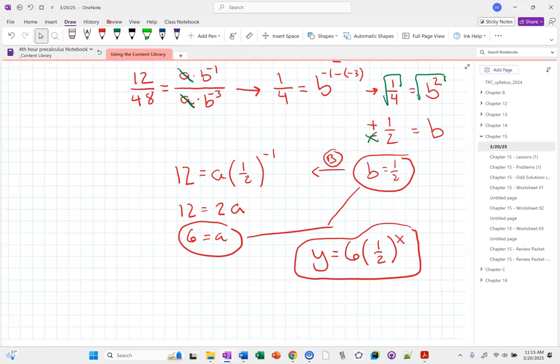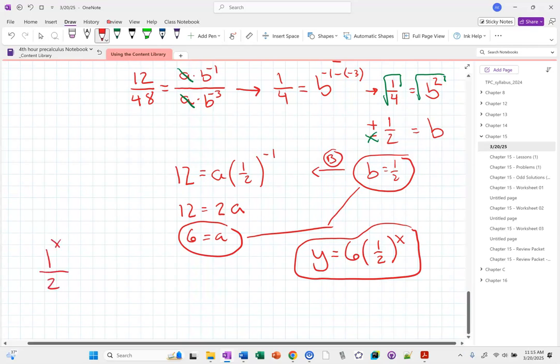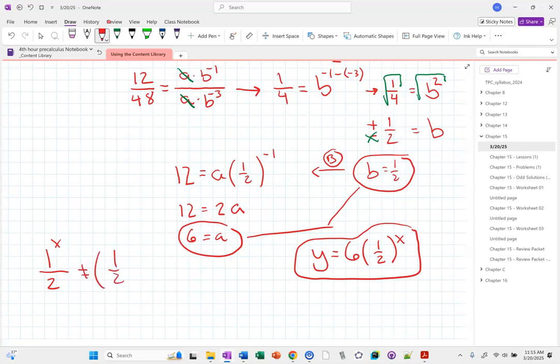That is standard practice, that you put a parenthesis around a fraction if there's an exponent involved, because we don't want to be confused: 1 to the x over 2 is not the same as 1 over 2 to the x, (1/2) to the x, because this is equal to 1 to the x over 2 to the x, right? So I am going to be a stickler about seeing that parenthesis there. If you don't include it, I'm going to mark off.